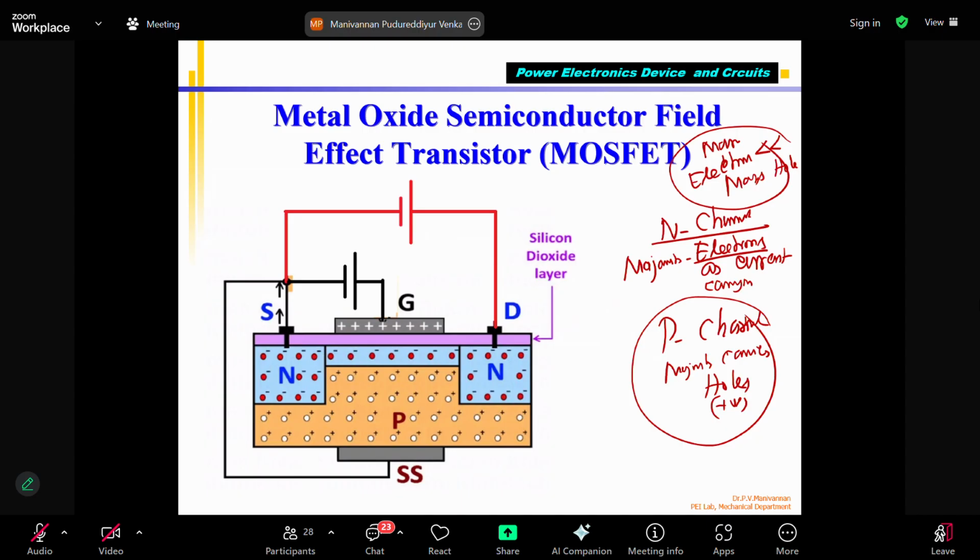So if I make a circuit with P channel FET, P channel MOSFET or PNP transistor, the maximum working frequency will be lesser than that of an N channel FET.